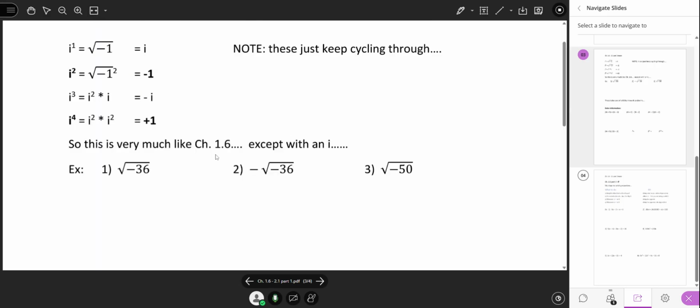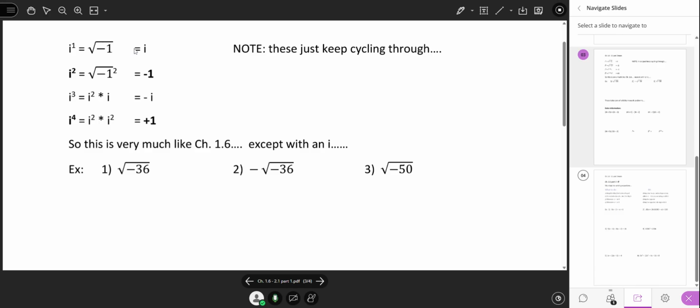So, page next. Complex number system technically only has four parts that it builds off of, but it starts from the square root of -1.